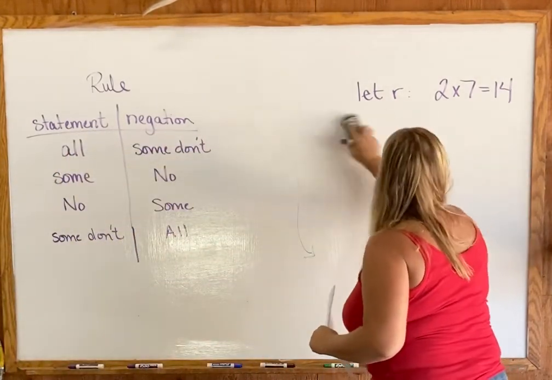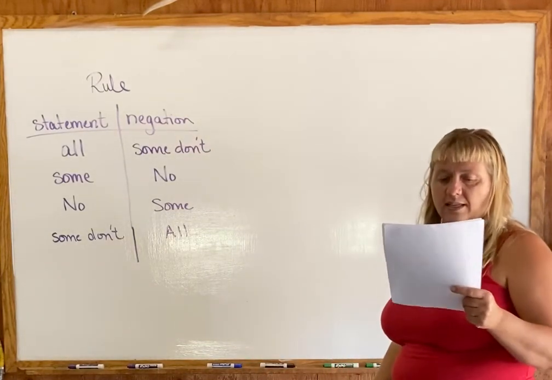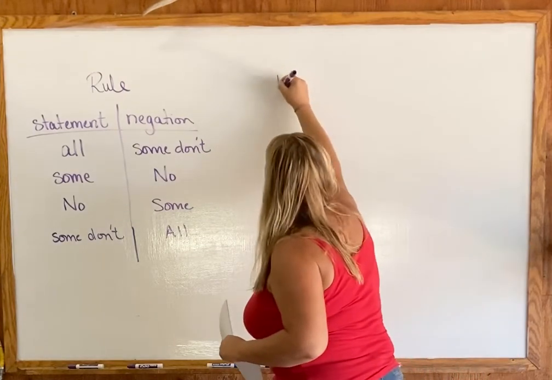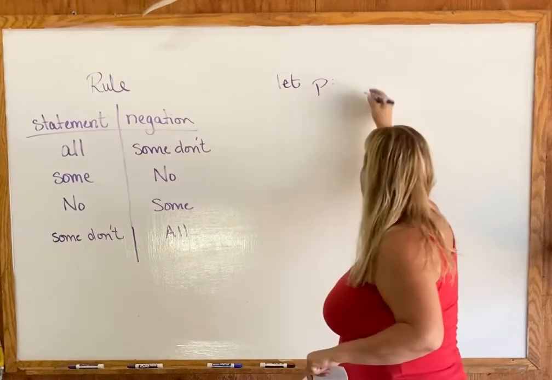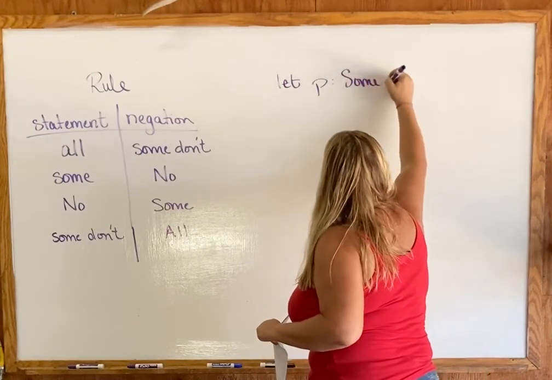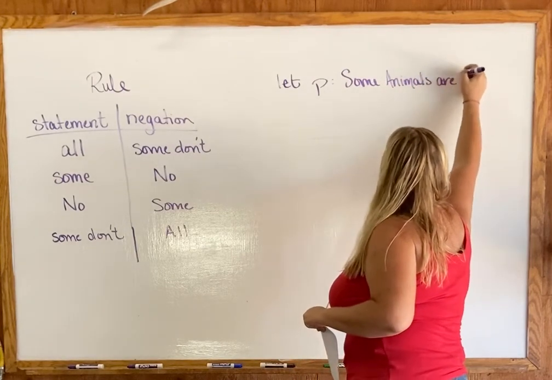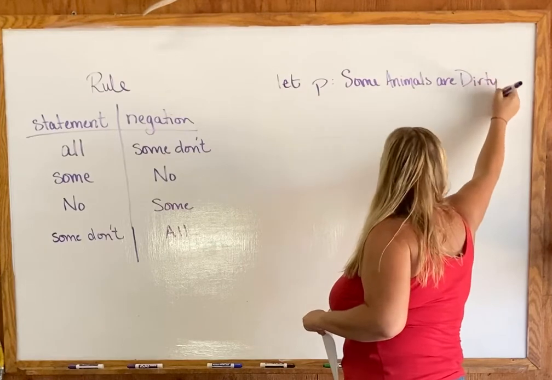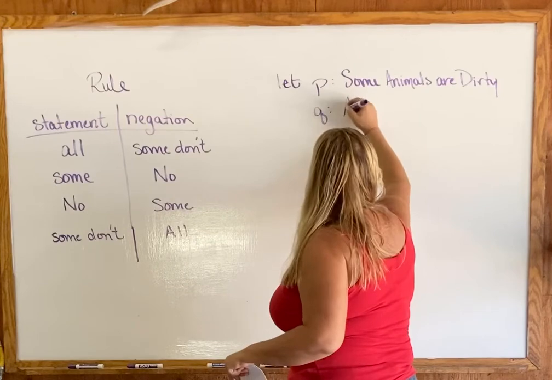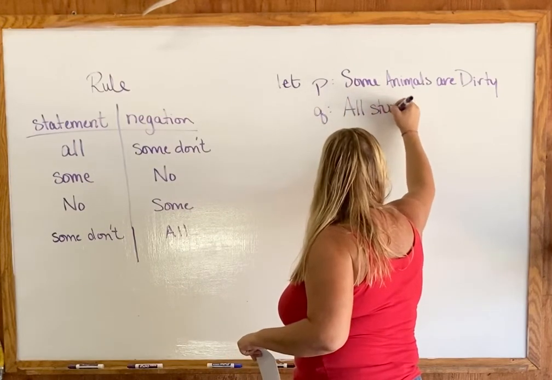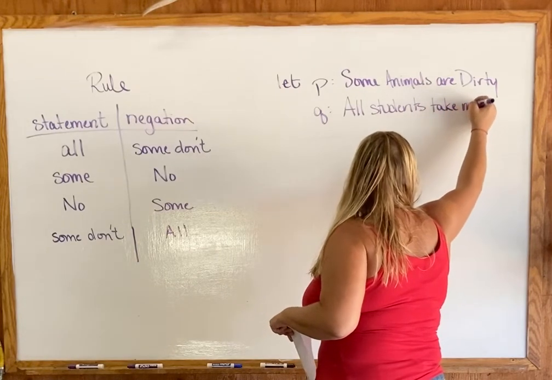Okay, so let's look at some examples using these trickier ones. Let's get new statements up there. Let P be some animals are dirty, and Q is going to be all students take math.